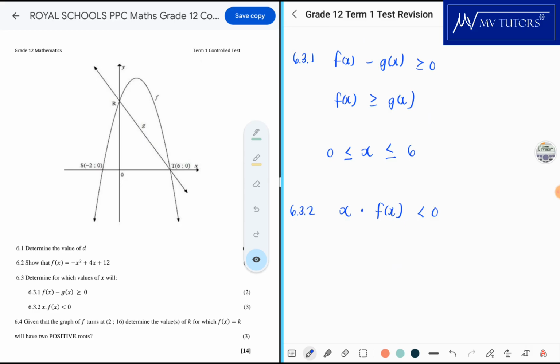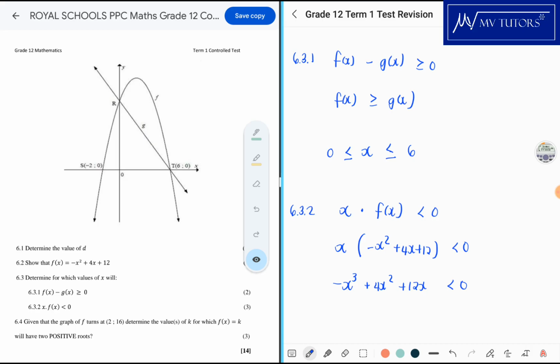So we take x and substitute in it. We have x times negative x squared plus 4x plus 12, and all of that is less than 0. So basically if we multiply it out, we have negative x cubed plus 4x squared plus 12x less than 0.